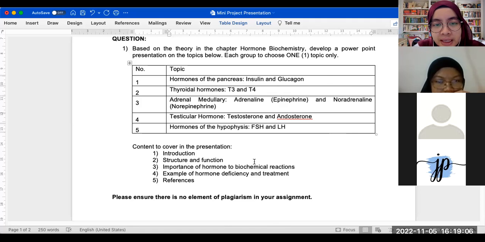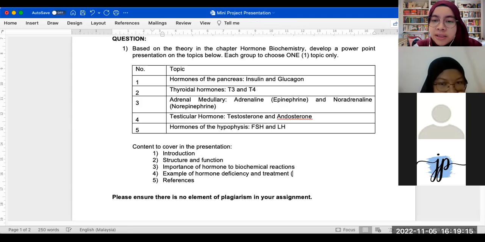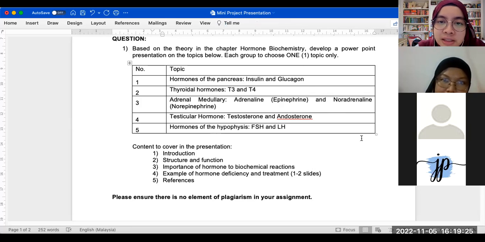The next point would be an example of hormone deficiency and also the treatment. This is very general. You can do maybe 1 to 2 slides on this. Let's say you have insulin deficiency. What is the disease associated with insulin deficiency? For example, diabetes. People with diabetes usually inject insulin because the insulin is not functional.